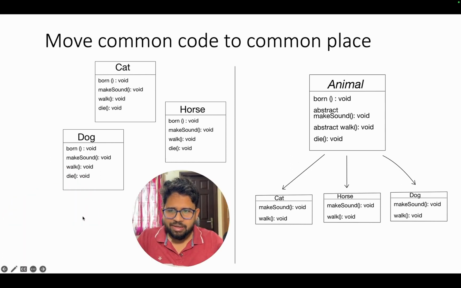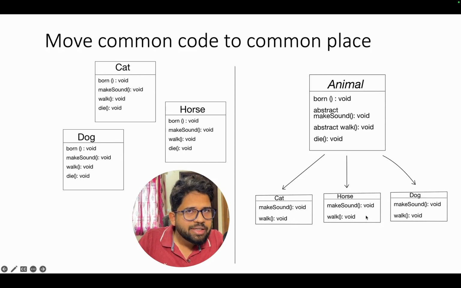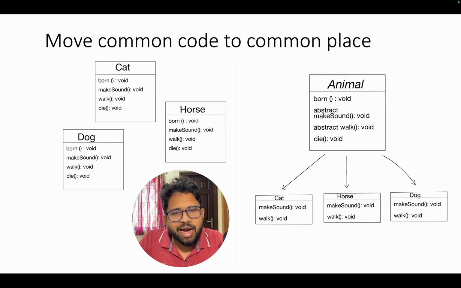So if you see, this is how our classes were there. That is three different classes having different methods. What we did was we moved the common things to the common place and we moved the different stuff to the different place. Why we did that? We did that so that we make fewer mistakes in the code.